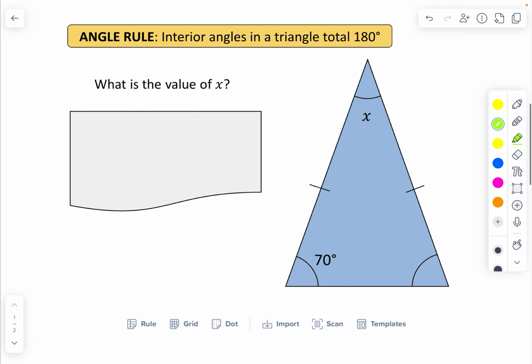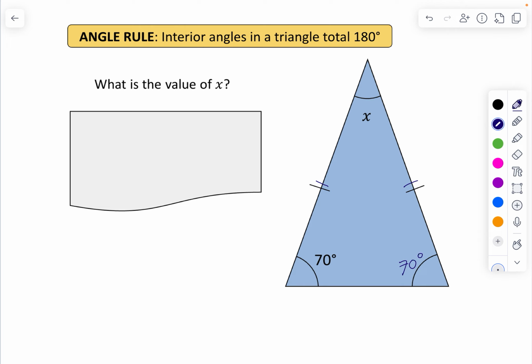The first one, in the blue triangle, we see that it is an isosceles triangle. The two sides on the left and on the right are equal. So we know that this angle attached to the leg on the right-hand side is also 70 degrees.